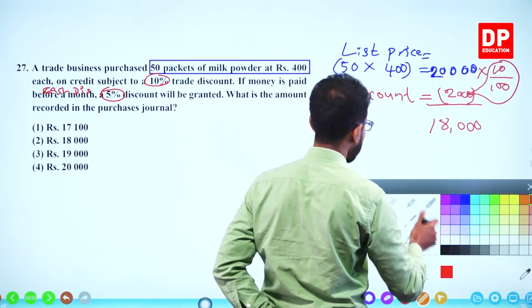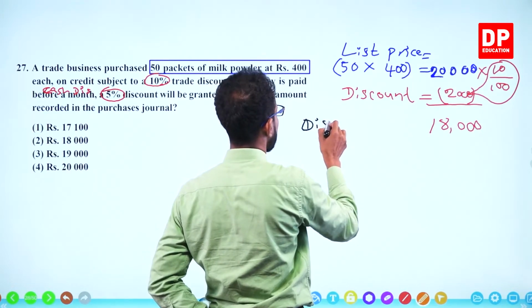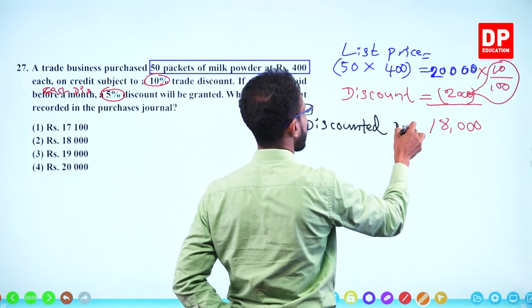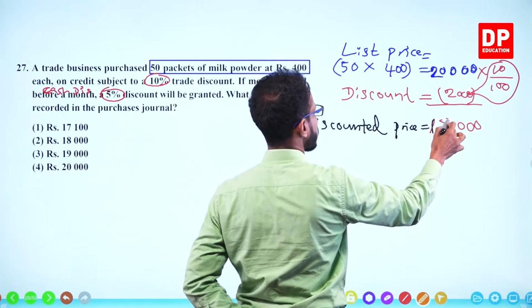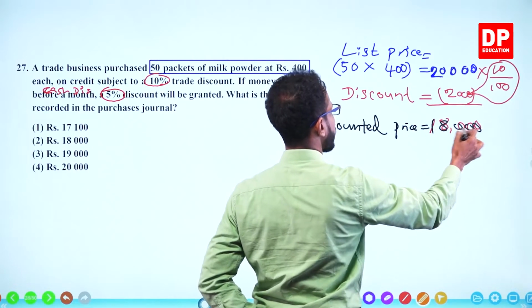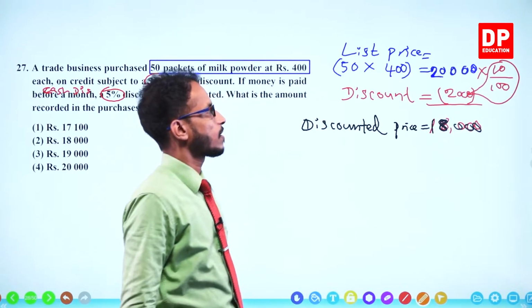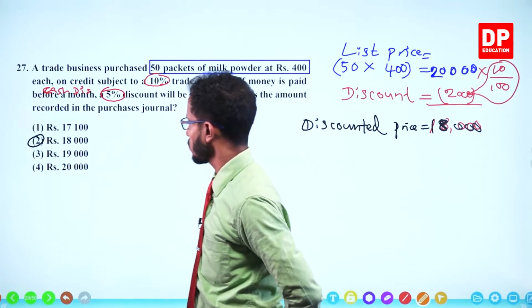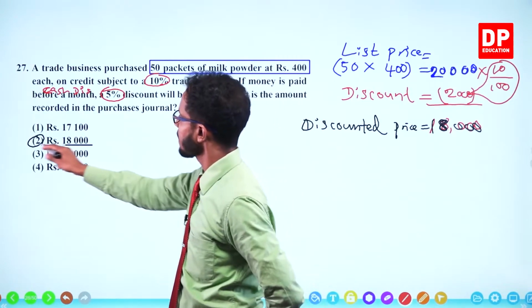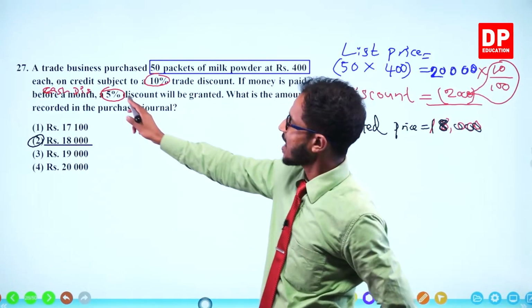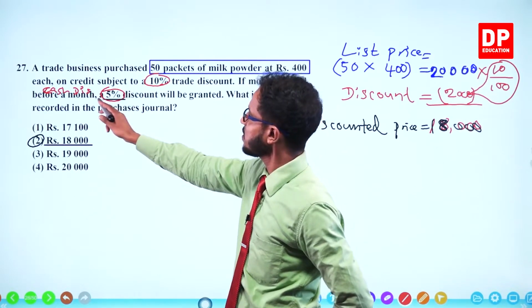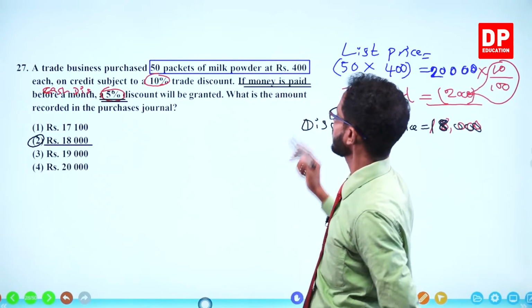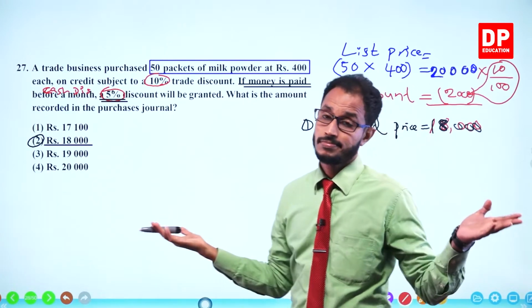Discounted price is 18,000. That goes to the purchase journal. This 5% cash discount, children, is actually deducted if the money is paid. If the money is paid, that comes later.